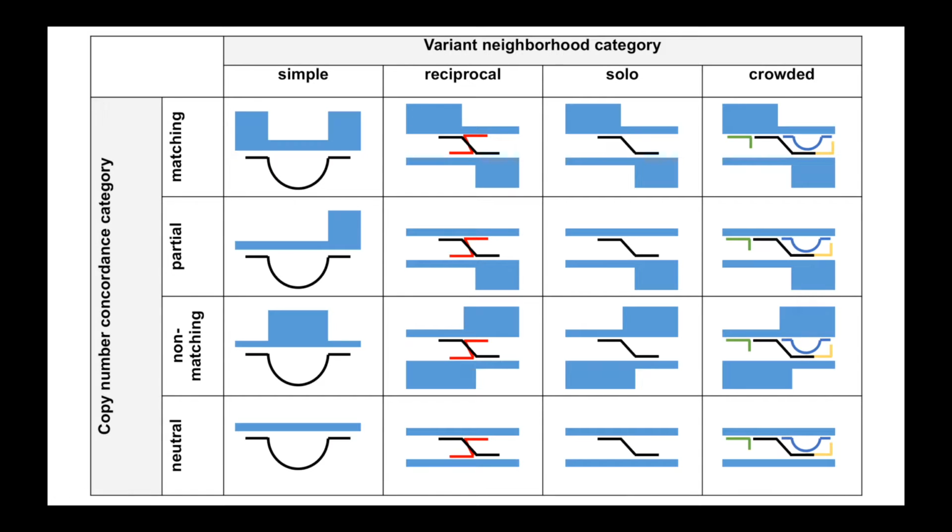Go and see whether there's real evidence for this variant or whether it could be some kind of artifact based on repetitive elements and other issues with variant calling. So that's the variant neighborhood category and the copy number concordance category, and what you might conclude from the intersections of these two variant categorization schemes.